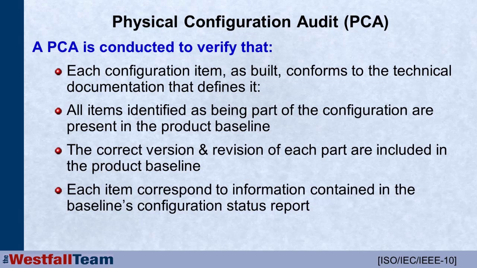Basically, this is checking to make sure that the right version and revision of each individual component was built into that build, that each coding module that is supposed to be in the executable, the right version and revision of it was built into that executable, that each chapter or appendices or reference that is supposed to be in the user operational documentation is there, that the correct versions and revisions of each of those is there, and that each item corresponds to the information contained in all that configuration status accounting information.